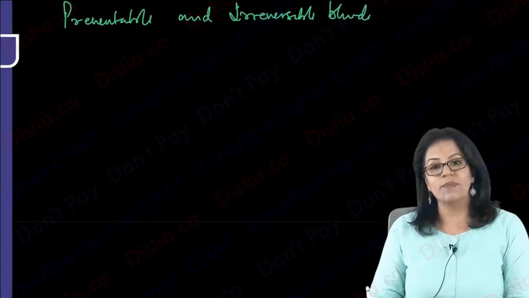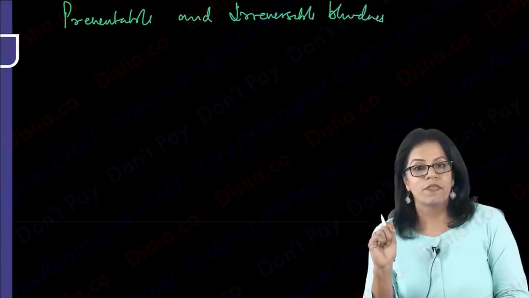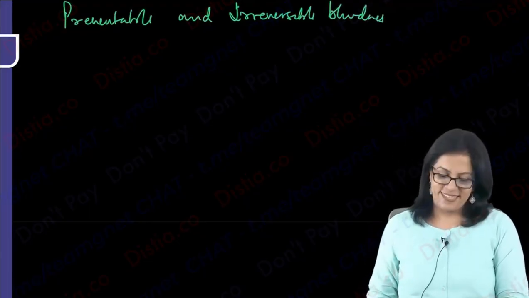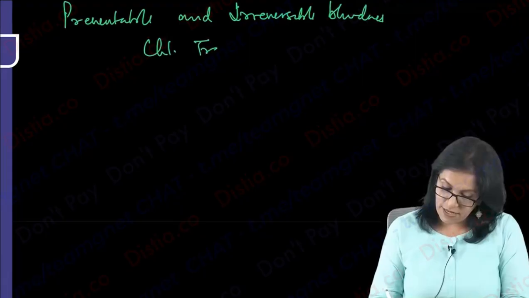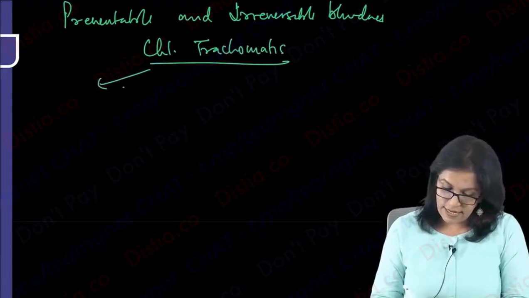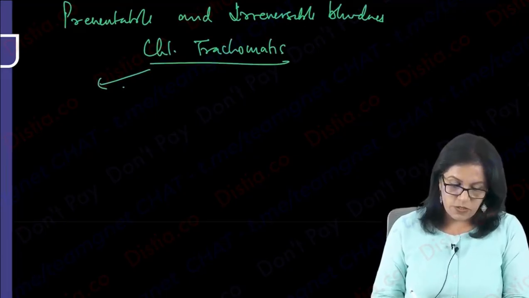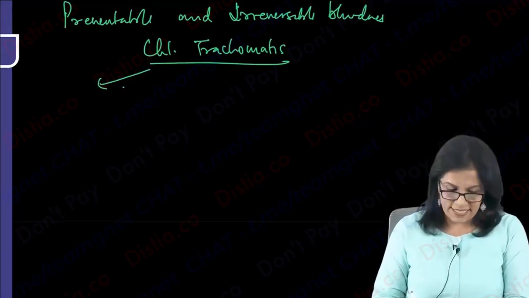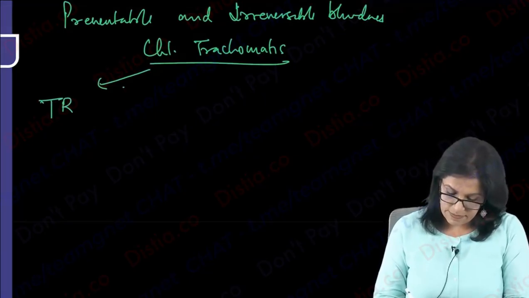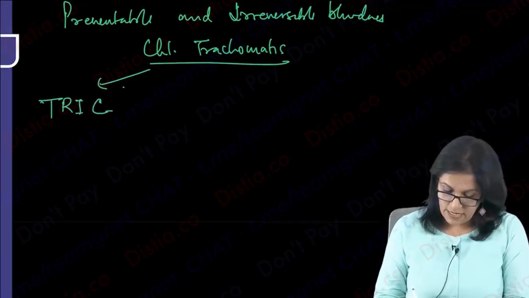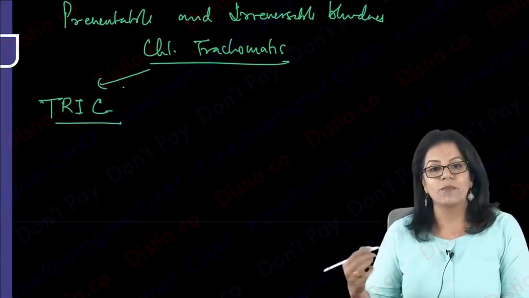Okay, when you're talking about the strain of trachoma, what are the other strains we have to know? So a little bit about Chlamydia trachomatis. If we look at Chlamydia trachomatis, it is either TRIC, that is trachoma inclusion conjunctivitis agents, or it could be causing lymphogranuloma venereum.